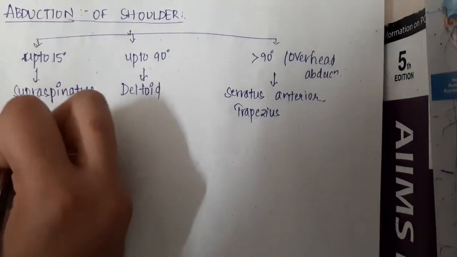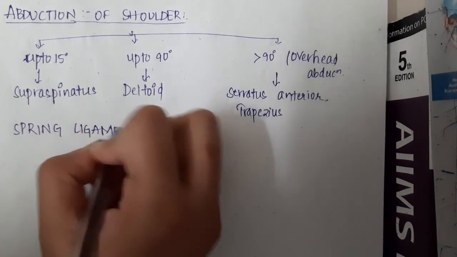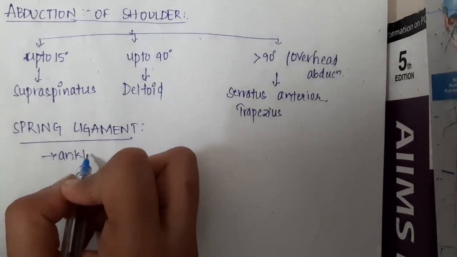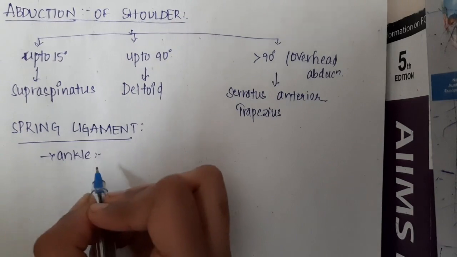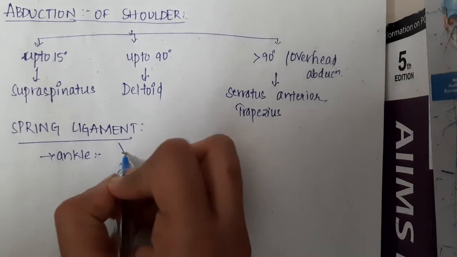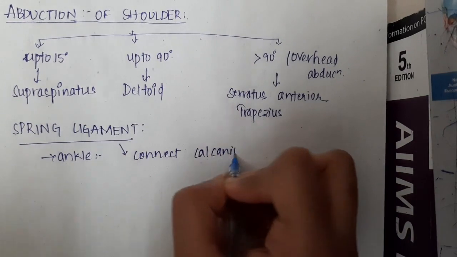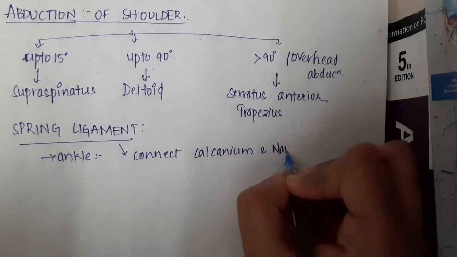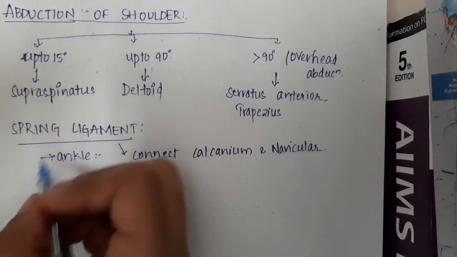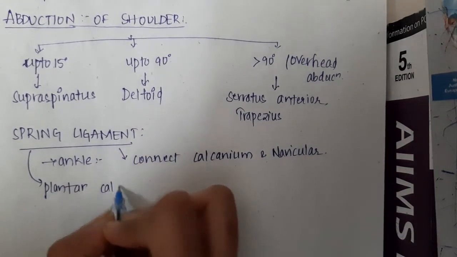Next question which is important is about the spring ligament. What is spring ligament? Spring ligament is mainly present in the ankle. It is actually a group of ligaments which connects the calcaneum and navicular bone.